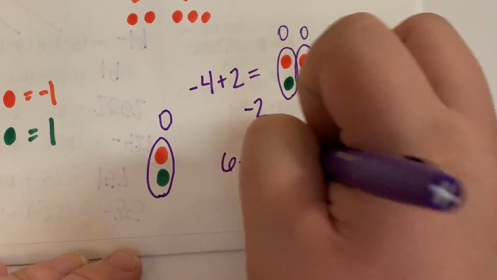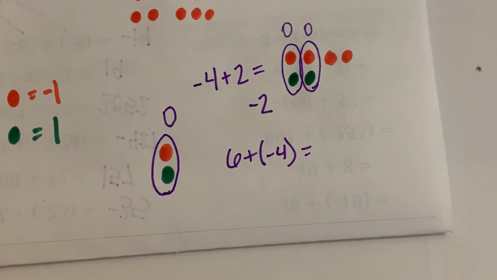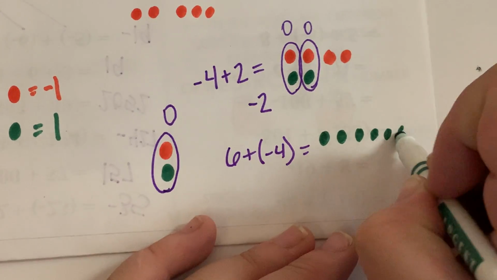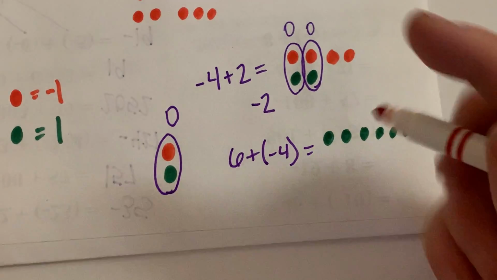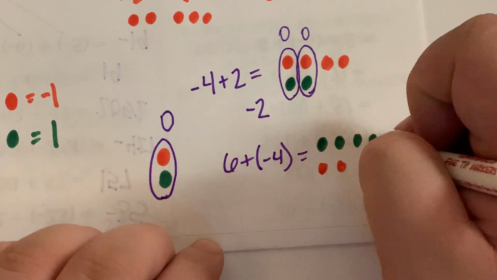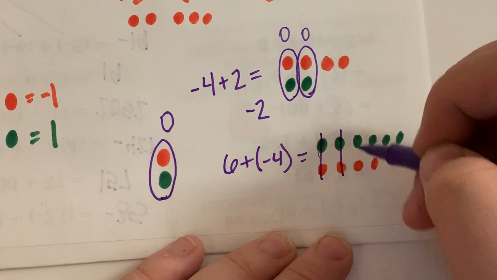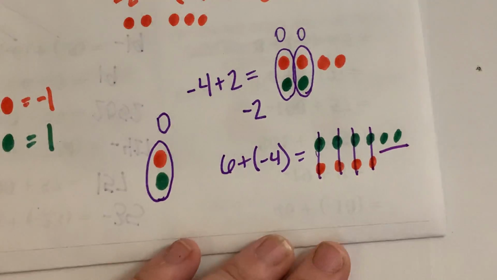We could do +6. Then when we take all the 0 stuff away, we're going to have positives left over.